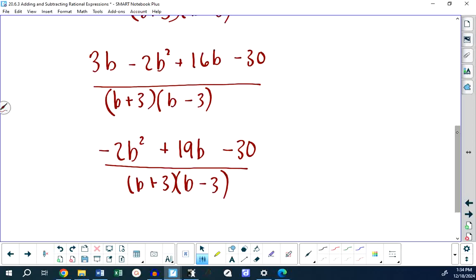Is it possible, I'm not asking whether it happens or not, is it possible that this new numerator is factorable? Maybe. Is it possible that if it is factorable, one of the factors will be b plus 3 or b minus 3? Maybe. So what I would recommend here is just do a little exploration.